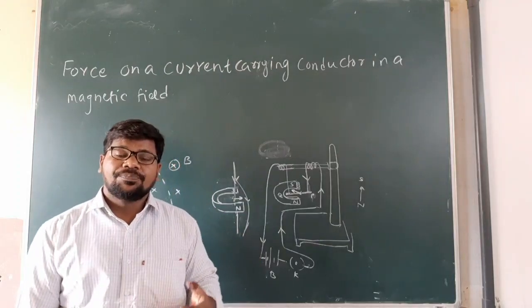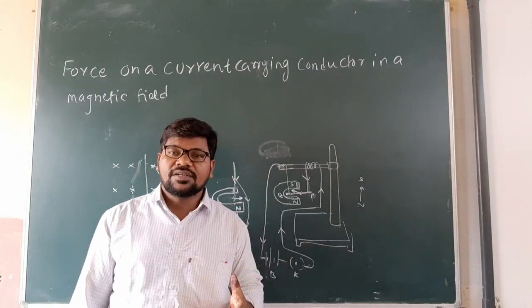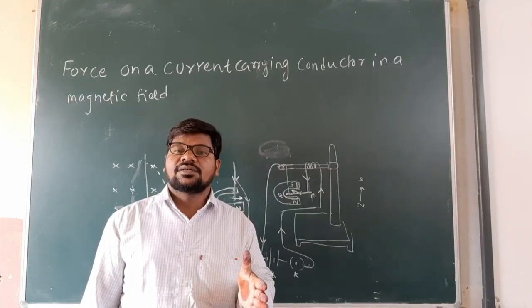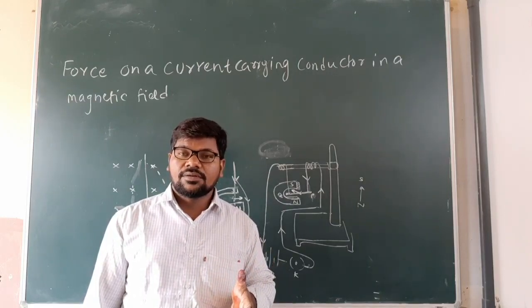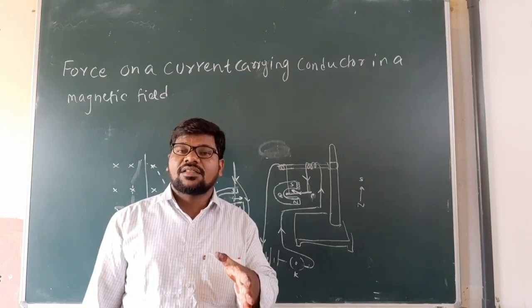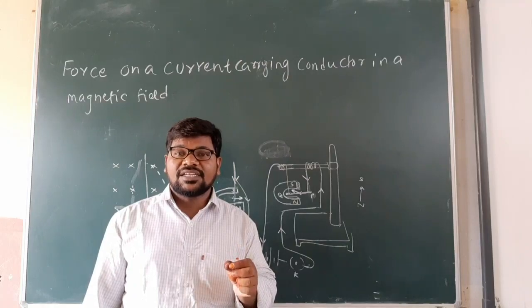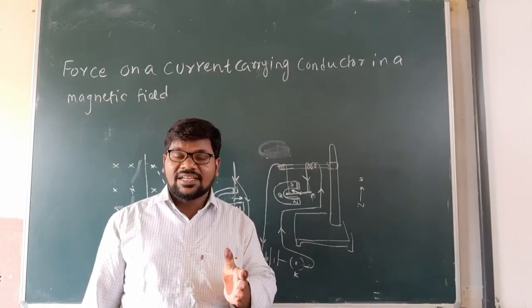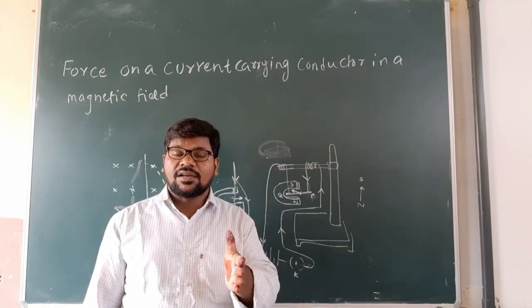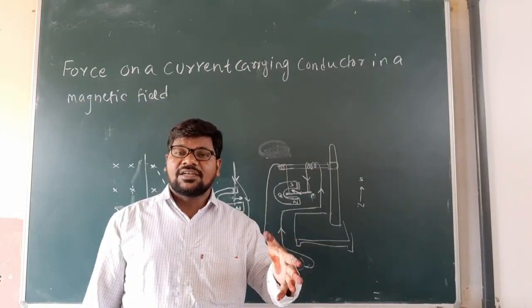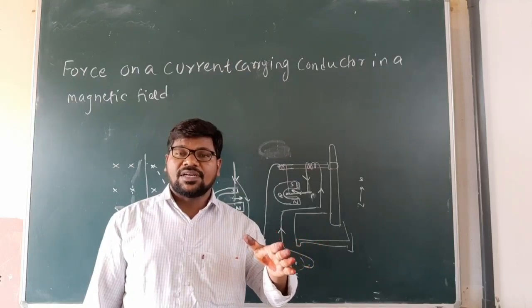See, by this we can conclude that whenever a current carrying conductor is placed in a magnetic field, a force acts on the material of the rod or wire. Whenever a current carrying wire is placed in a magnetic field, a force is generated when these two are perpendicular.